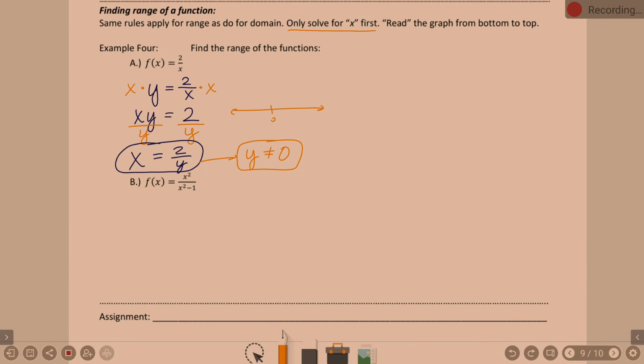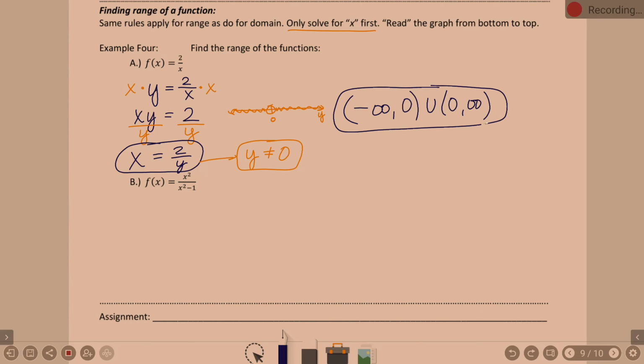There's a hole at 0, but everything else exists, doesn't it? So, what is this in interval notation? Same as the last one. Technically it is in terms of range instead. So, it's negative infinity to 0, union, 0 to infinity.